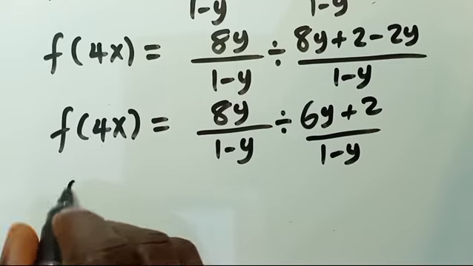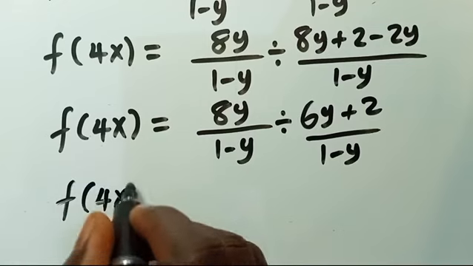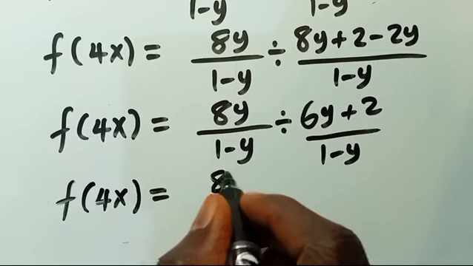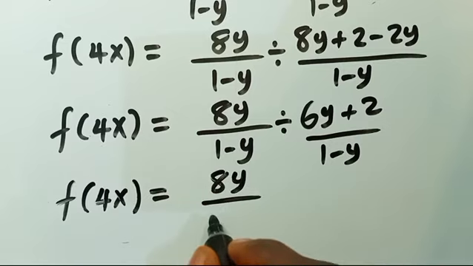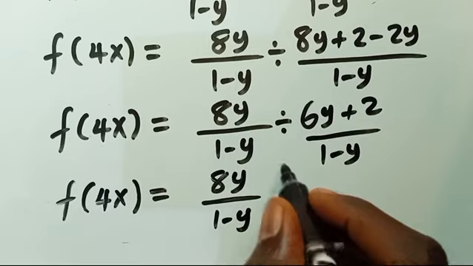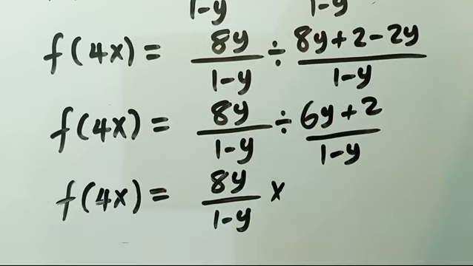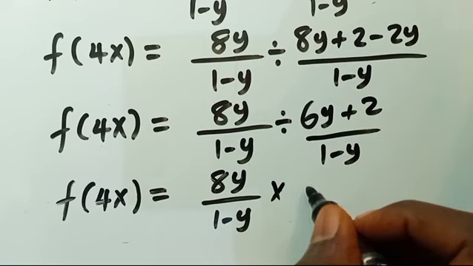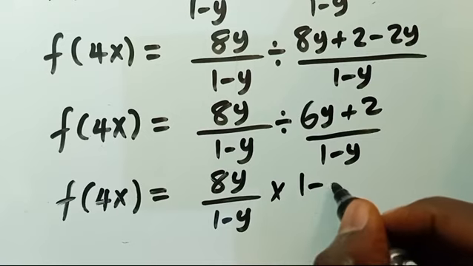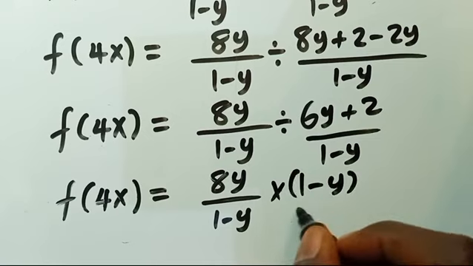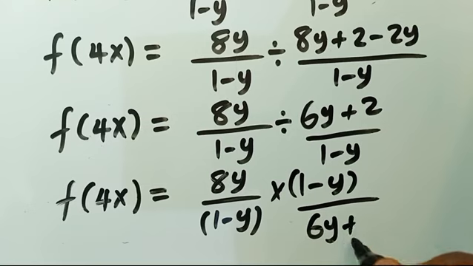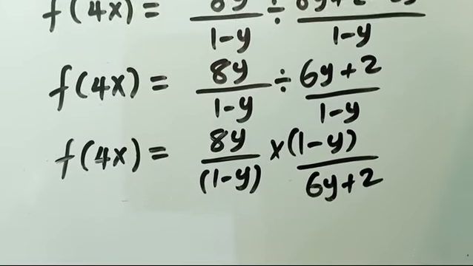So we are going to have f of 4x equals 8y over 1 minus y. Let's change this to multiplication as this. This will go up. So we have 1 minus y over 6y plus 2.